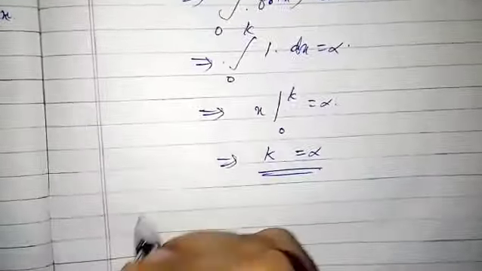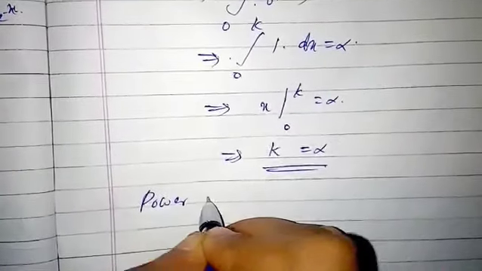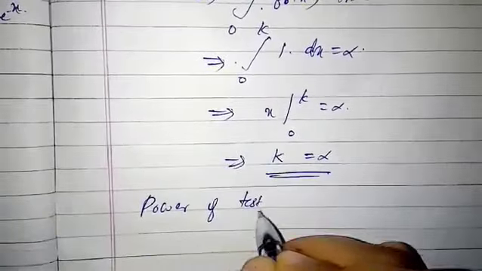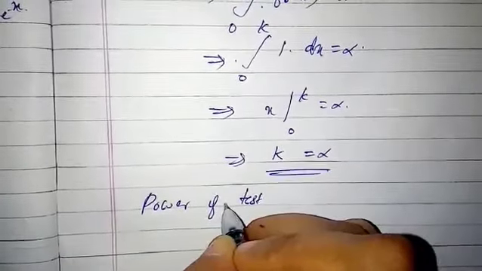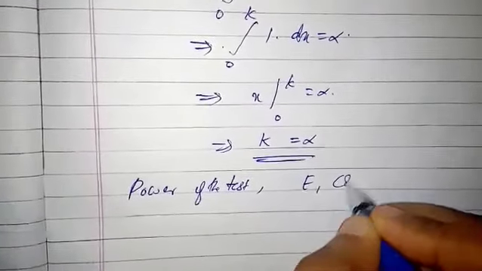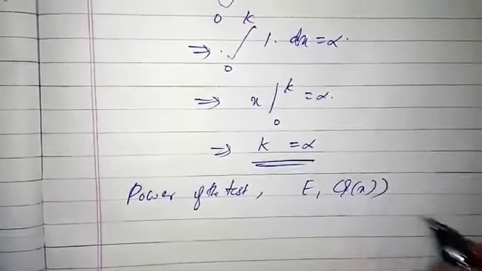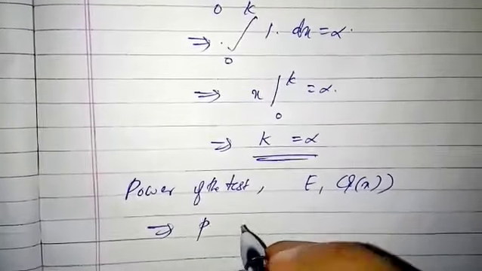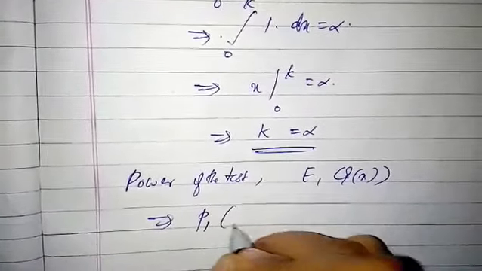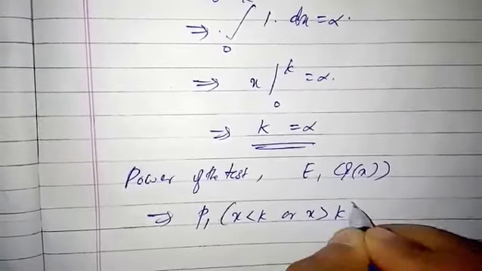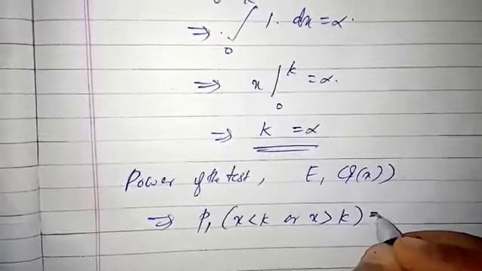And also we need to find the power of the test. What is the power? Power of the test is the expectation of phi of x under the alternative hypothesis, which implies probability of x less than k or x greater than 1 equal to 1.